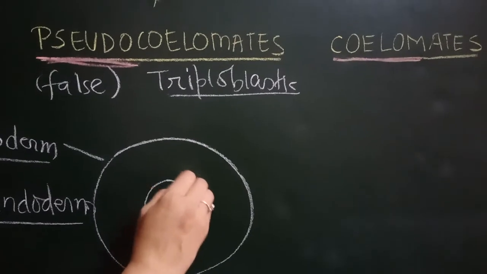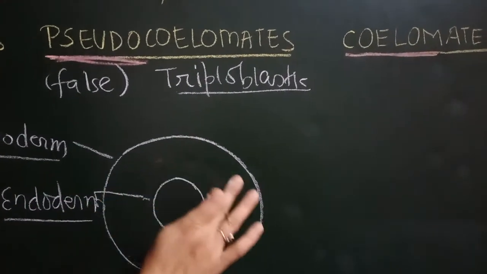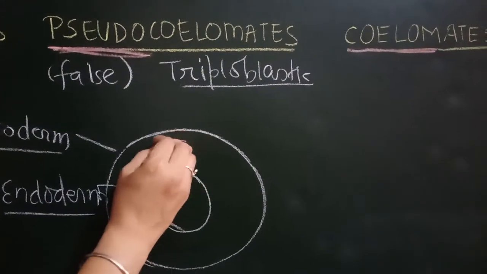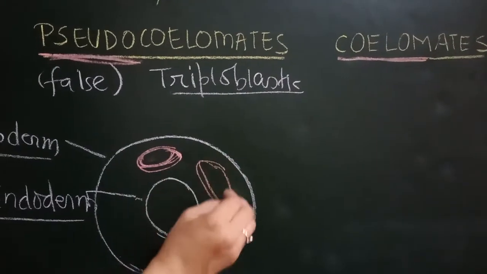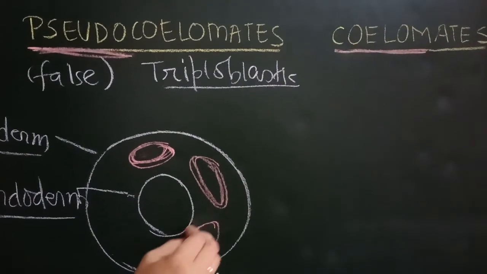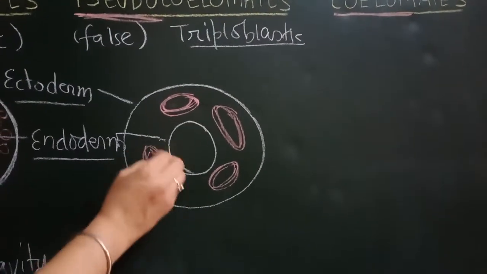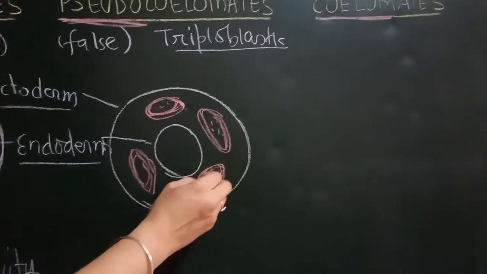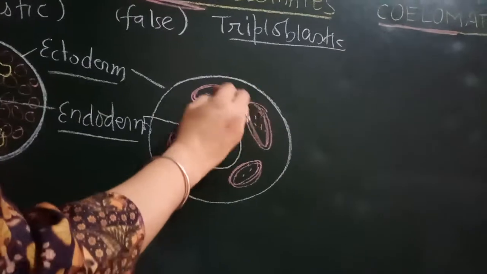The inner layer is there, that is the endoderm, and in between that mesoderm is also present. Mesoderm is present, but it is present as scattered pouches. So mesoderm pieces are present within ectoderm and endoderm.